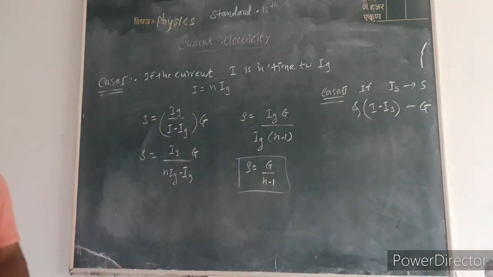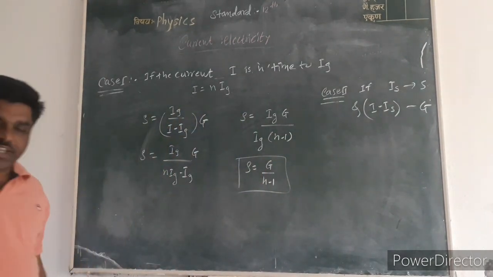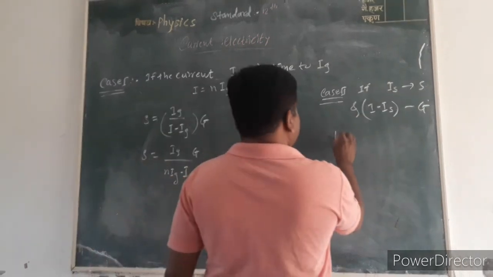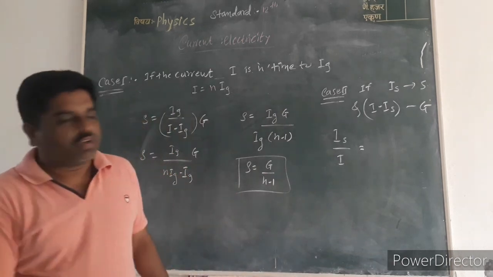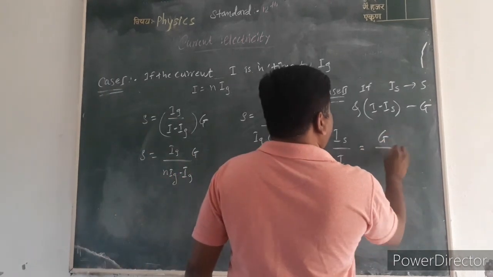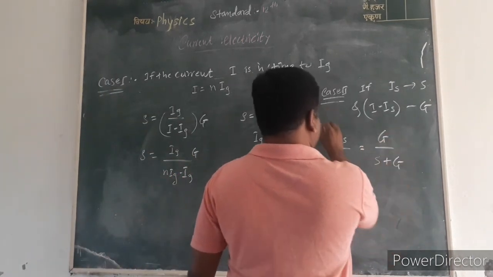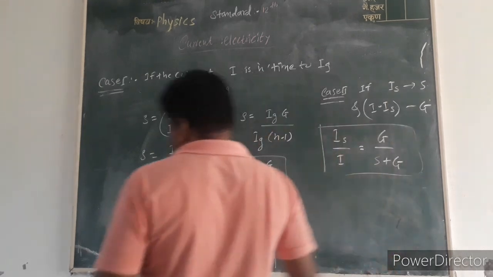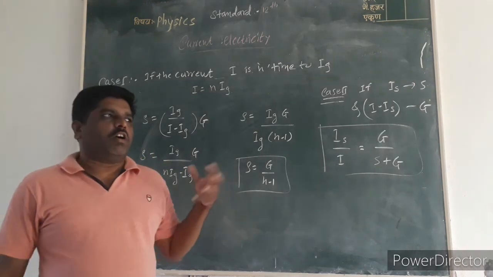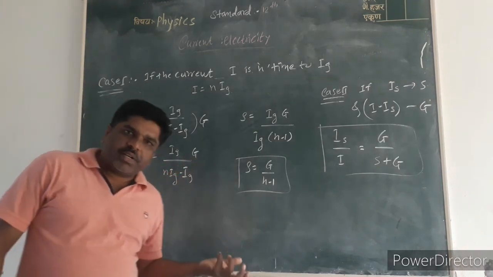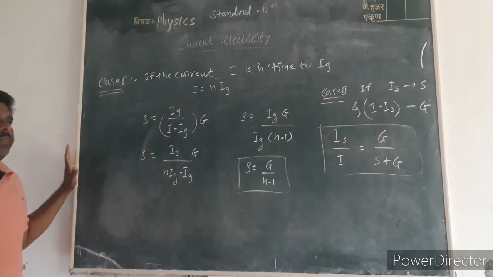Then we get the fraction of current, that is Is upon I, which is equal to G upon S plus G. These are the two cases of galvanometer converted into ammeter.